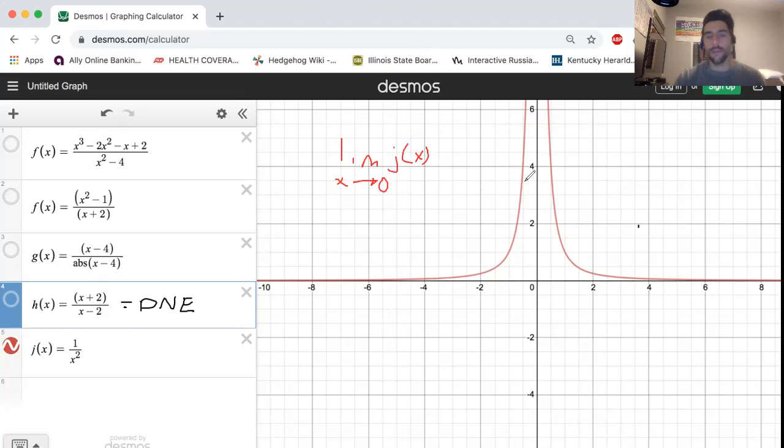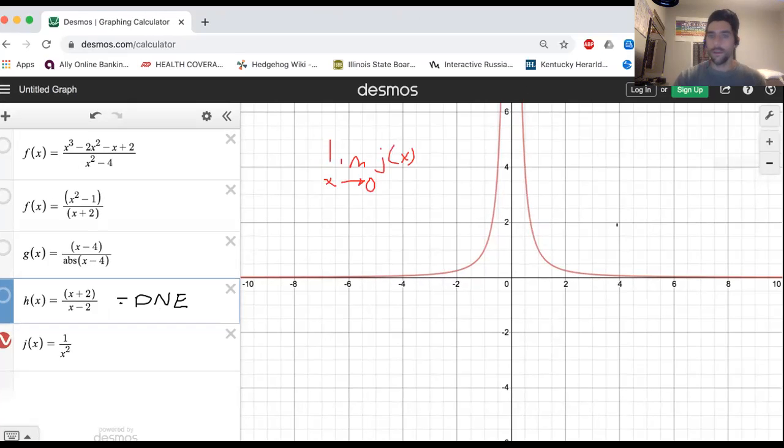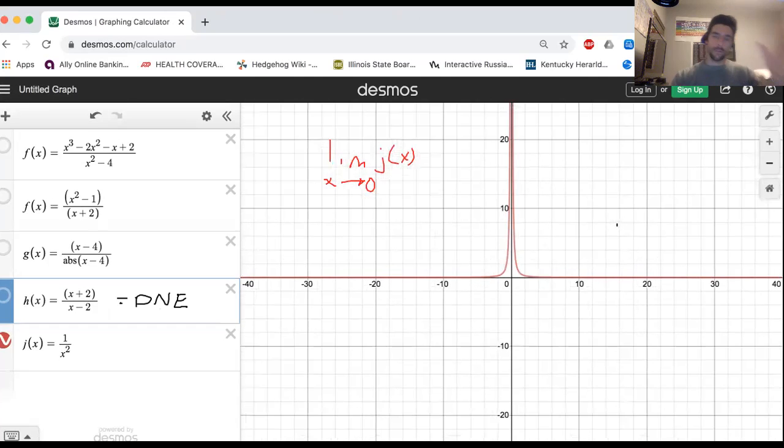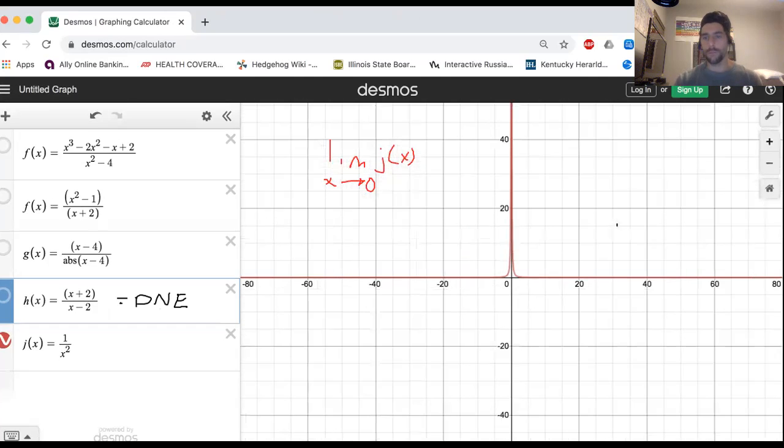But notice how the left and right sided limits both seem to be approaching +infinity.